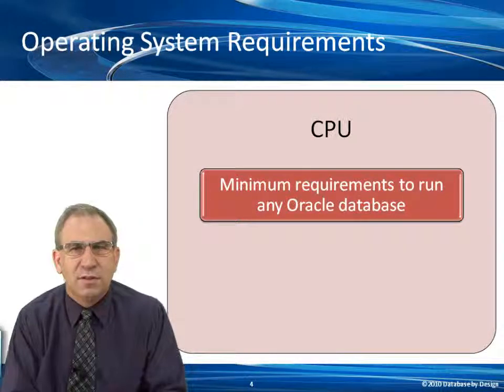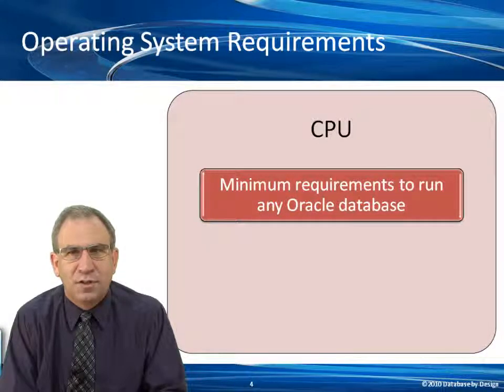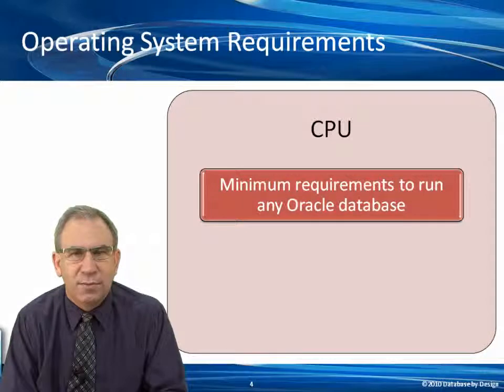So first of all, let's take a look at the CPU requirements. These are going to be the minimum requirements to run any Oracle database. So whatever the minimums are to run your 10G or 11G database, they must be the same on both the primary and the secondary. What I mean by that is the same minimums. They don't have to be the same CPUs.